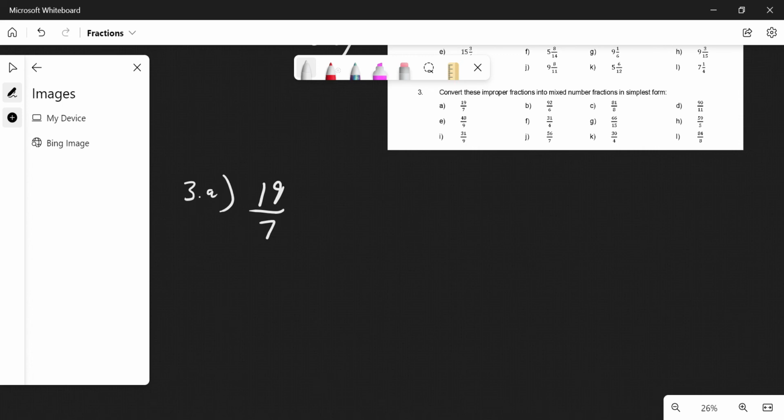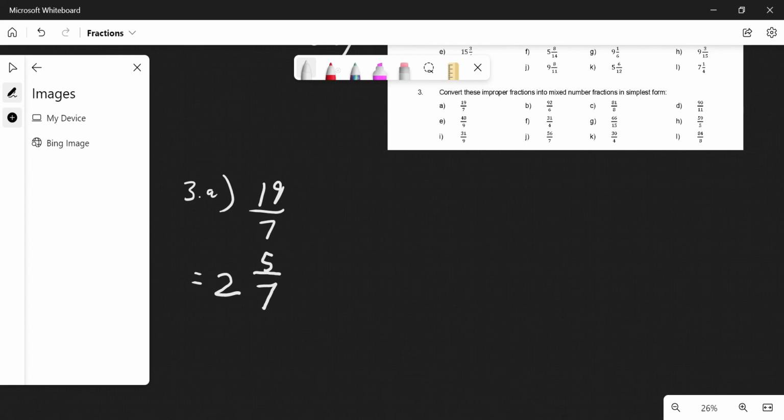How many times does 7 go into 19? Well, I know that 7 times 2 is 14, and 7 times 3 is 21, but 21 is bigger than 19, so I'm gonna go with 2. And what's 19 minus 14? 19 minus 14 is 5. That's my remainder over, and it's 7 parts. We're dealing with a fraction of 7 parts, and that's how you do it.